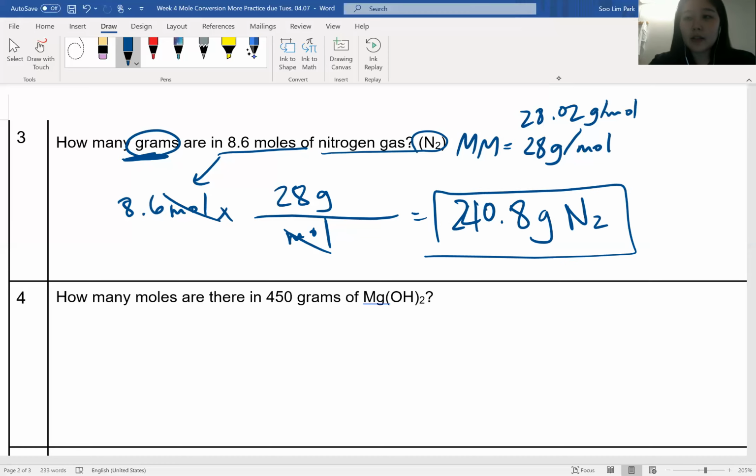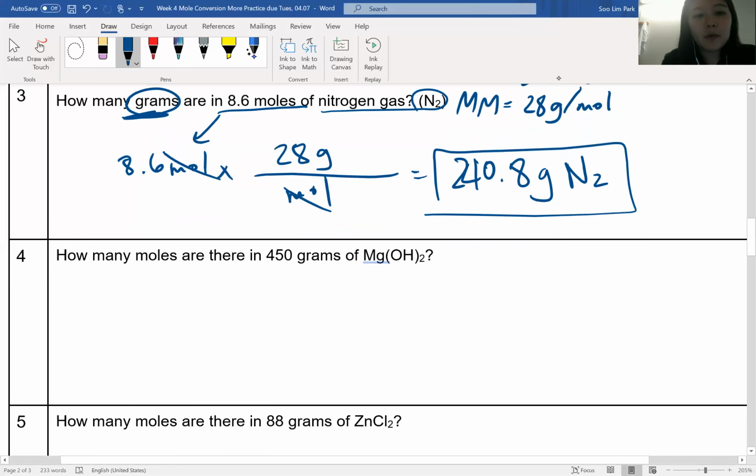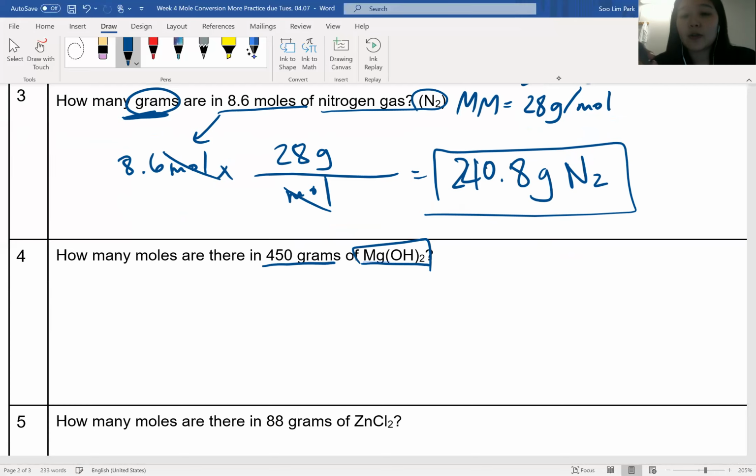All right, and let's do one more. Number 4, how many moles are there in 450 grams of MgOH2, magnesium hydroxide? Let's solve for the molar mass of MgOH2. Magnesium on the periodic table is 24.305, so I'm just going to round that. We have oxygen, but how many oxygens do we have?